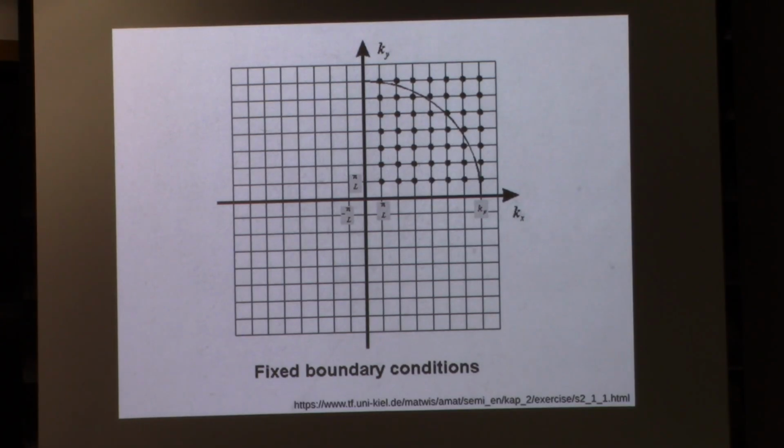And on the whole, they code for the energy, because the energy is n x squared plus n y squared plus n z squared over 2mL squared times pi squared h bar squared. While we're not going to stay in n space, I could say that this is n squared pi squared h bar squared over 2mL squared, where by definition n squared is n x squared plus n y squared plus n z squared.